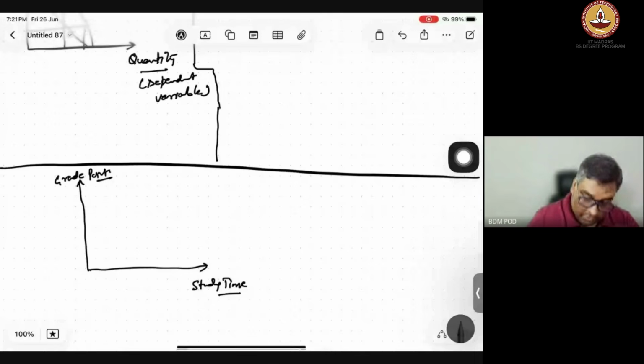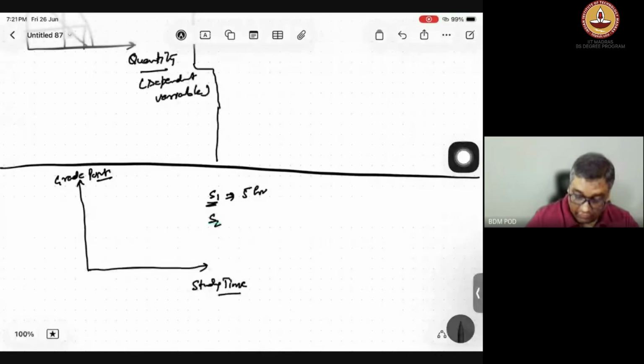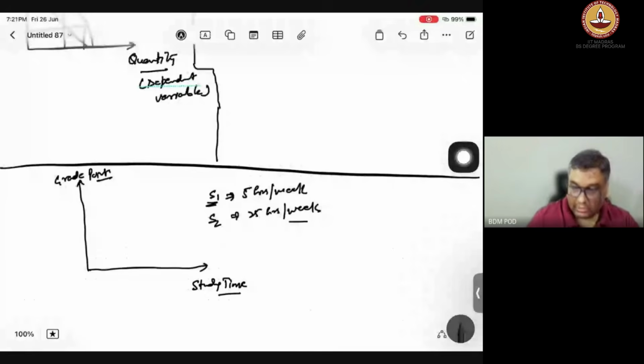How are the grades changing? Suppose there are multiple students. Your variables are student S1 and student S2. One is studying 5 hours per week, and the second is studying 25 hours per week. So these are the two variables you had.